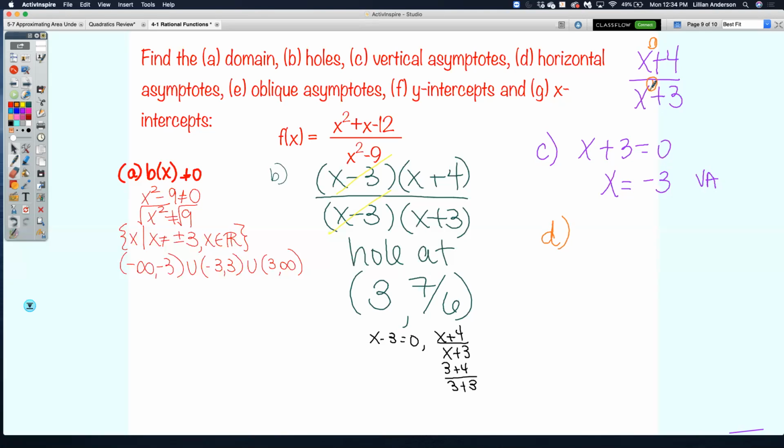If they're equal, which they are, whether it was the simplified form or the original, then it's going to be y equals C, which will be 1.